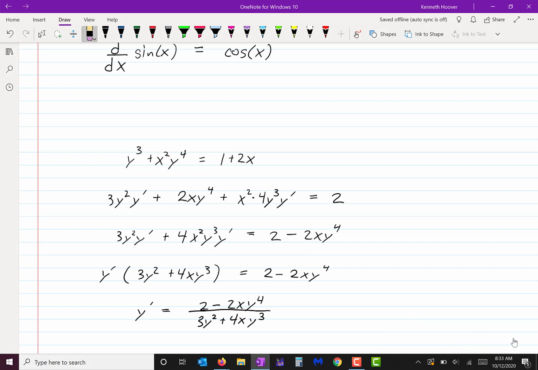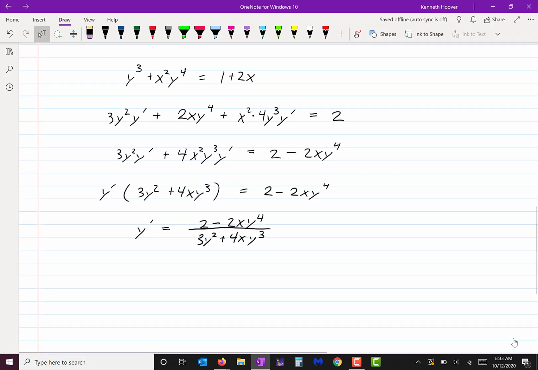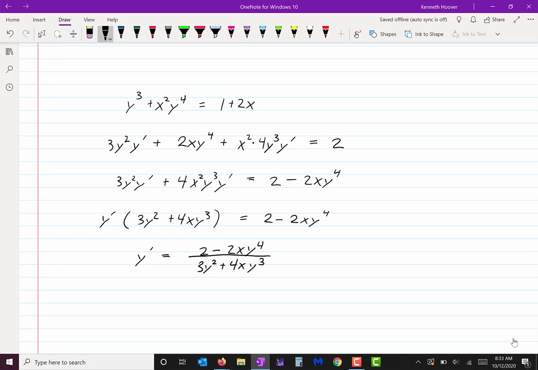Now, just for fun and practice, let's answer this question. Find the equation of the tangent line at the point 0, 1. Okay? I'll write it down. What if that was our original question?